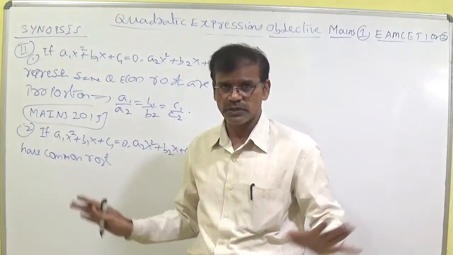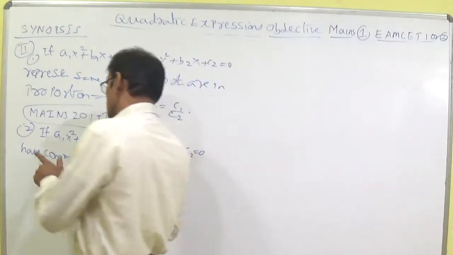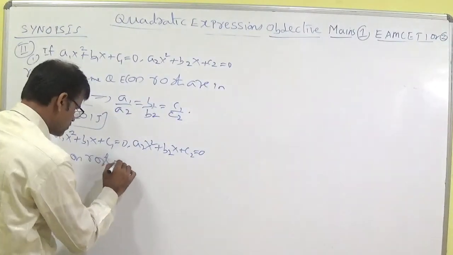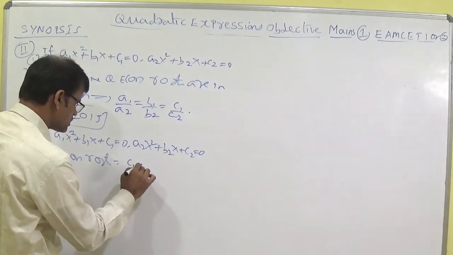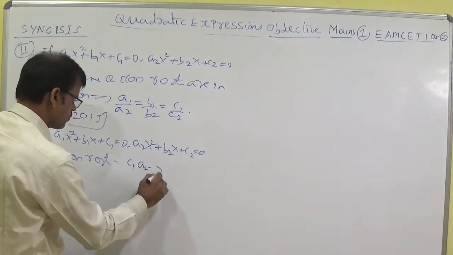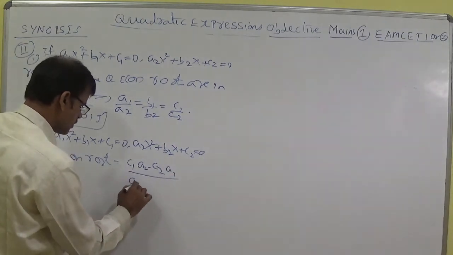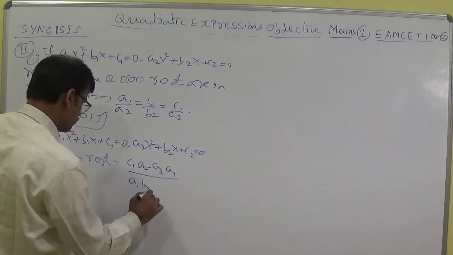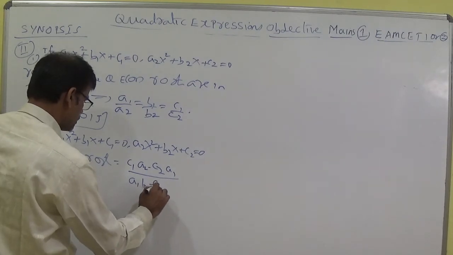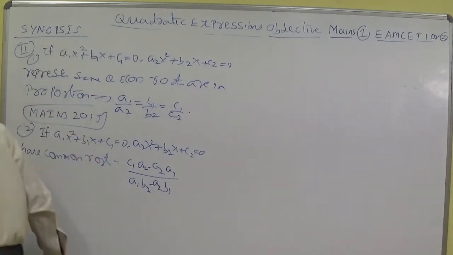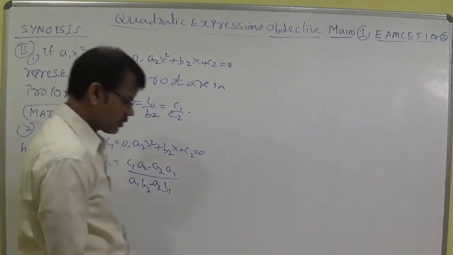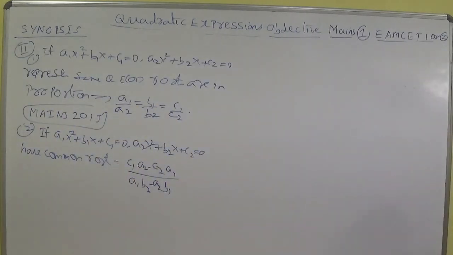Now I am not going to discuss the proof. The common root is simply c1a2 minus c2a1 by a1b2 minus a2b1. This is the property: the common root of the two quadratic equations.